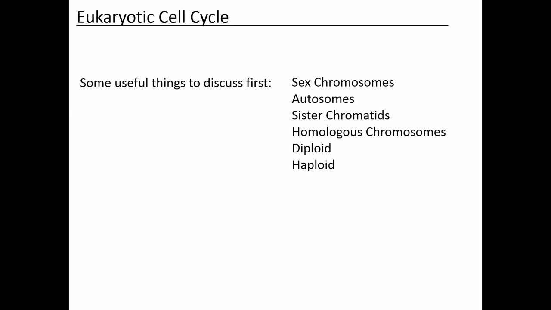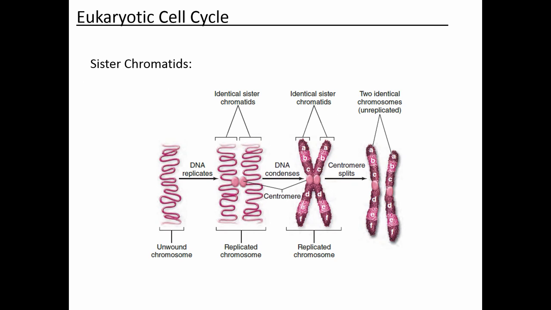That's it in terms of the definitions that we're going to discuss now. The next two slides are just highlighting again sister chromatids and homologous chromosomes. Before the cell divides into two, you're going to have a single chromosome. You're going to replicate it, and the two chromosomes after replication are going to remain attached to each other for a while. While they're attached to each other, they're sister chromatids.